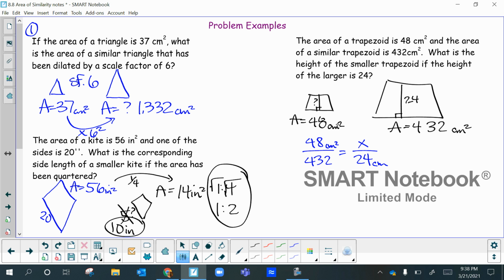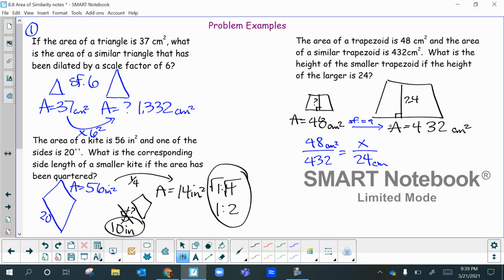So what do we have to do to these numbers to get the correct ratio? To figure out this scale factor, you can divide that. So let's see, does 432 divided by 48 come out nice and even? It does. So when you look at this scale factor right here, it's 9.